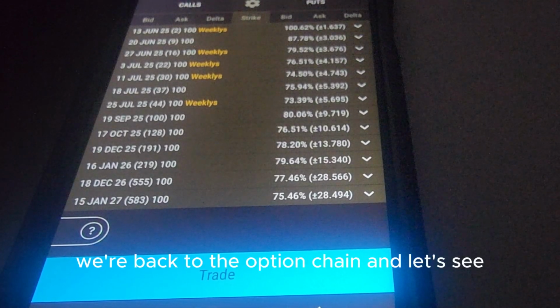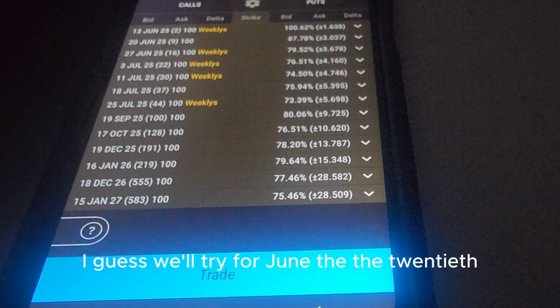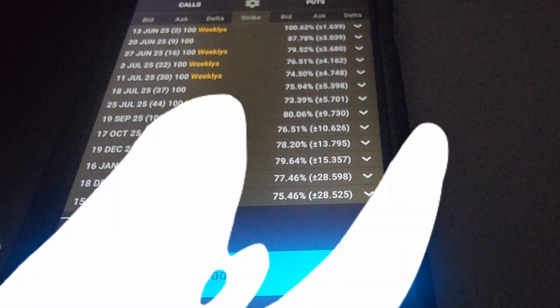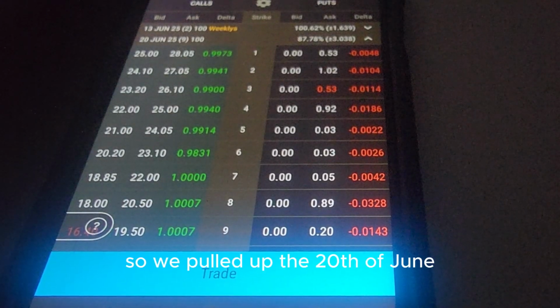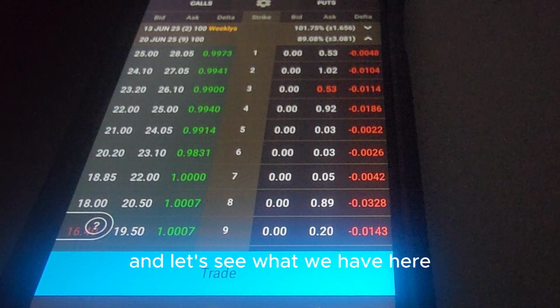We're back to the option chain, and let's see, I guess we'll try for June the 20th. So we pulled up the 20th of June, and let's see what we have here.